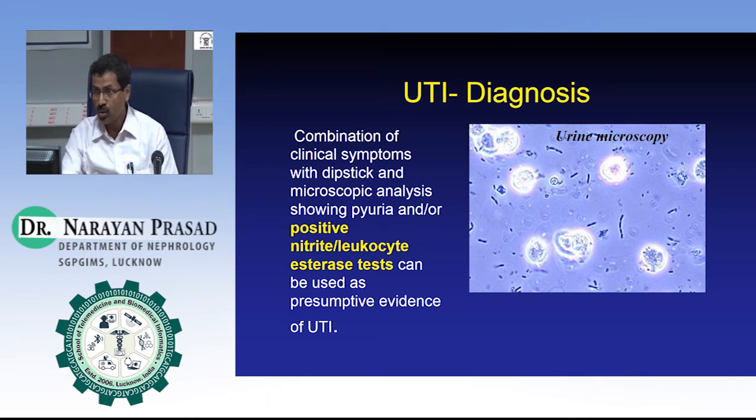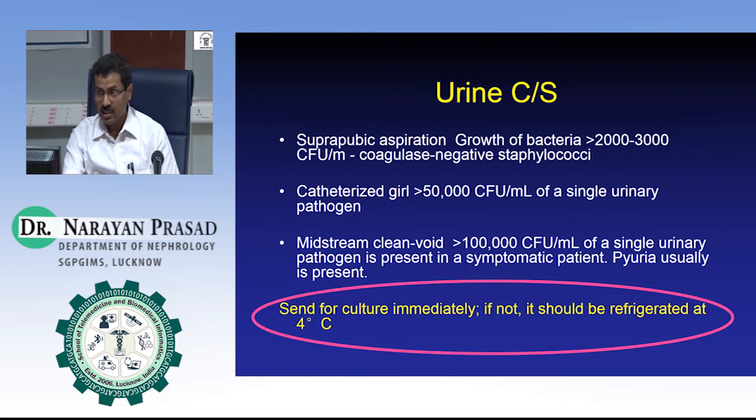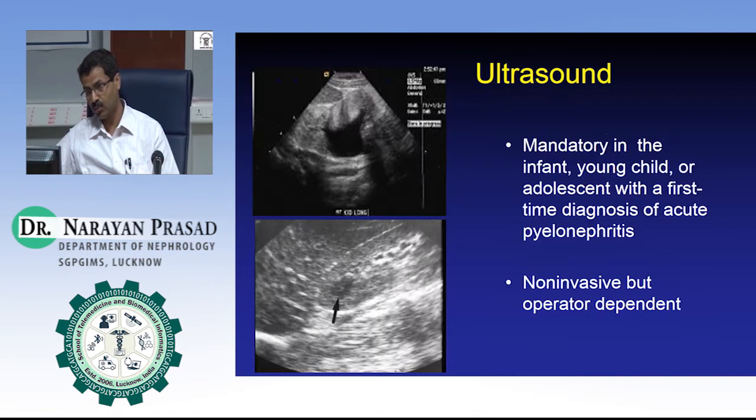Micturating cystourethrogram is mandatory in children below 2 years and in older children if there is acute pyelonephritis. DMSA scan gives you hints of the involvement of the upper tract or the presence of a scar in the kidney. Here you can see that this is the photopenic area, there is the presence of a scar.